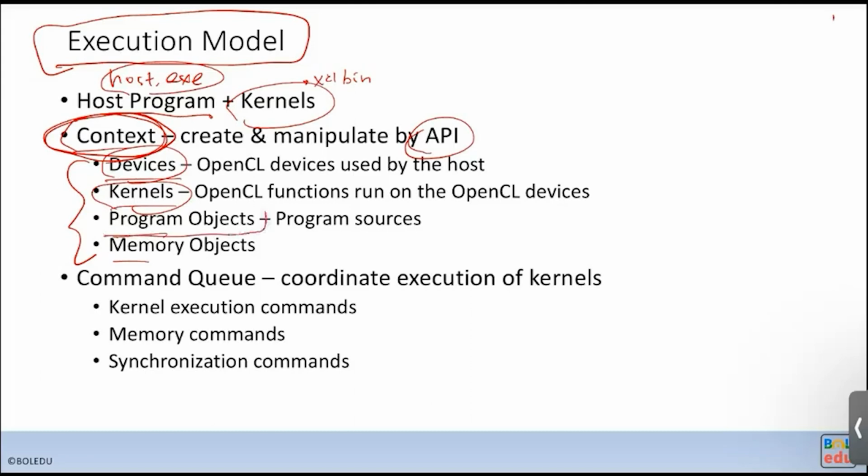And also the program object. Program object you can think of that's a bit stream. And you have the memory object. Okay. So when you start running something, you have to set up the context. And the context actually also includes the command queue.